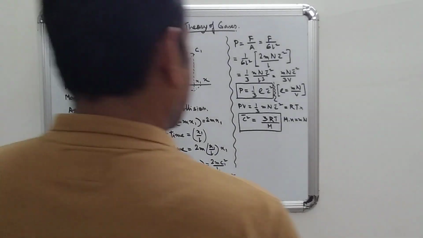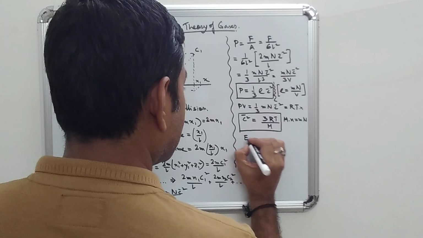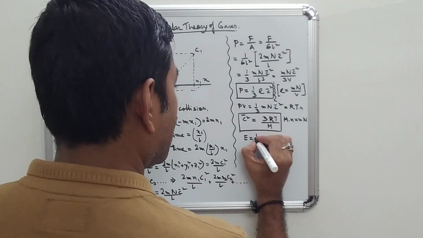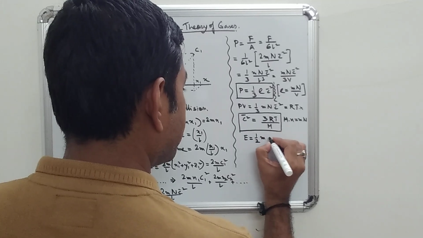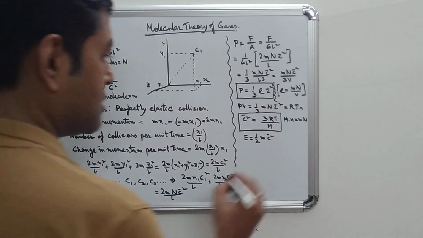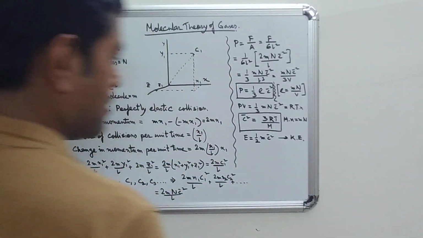Now, energy E equals half m c bar square. It is the kinetic energy of the molecules.